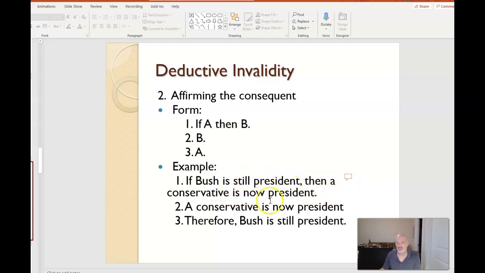If Bush is still president, then a conservative is now president. A conservative is now president. Therefore, Bush is still president. So you prove invalidity in your mind by saying, if we assume the premise is true and yet can understand the conclusion to be actually false, or create a scenario where that could be the case, then we've proven invalidity.